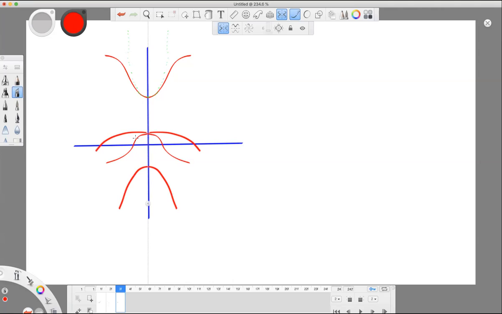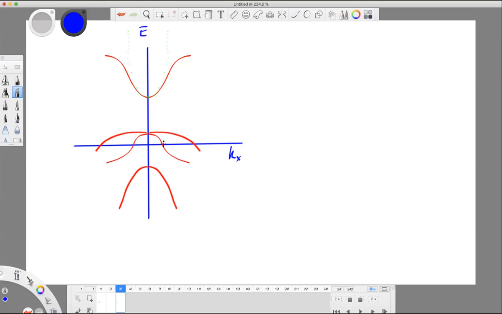This is the picture that you're going to see in the books. All these bands are locally parabolic around this edge, but when you go farther, they are not. This is one of the axes, for example the kx axis, and the energy.